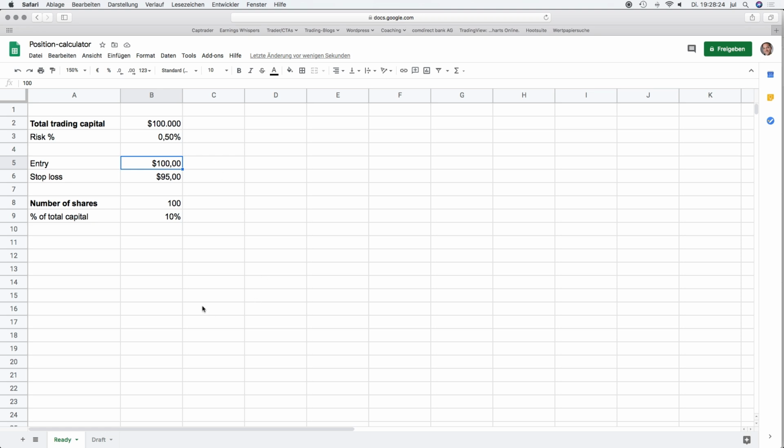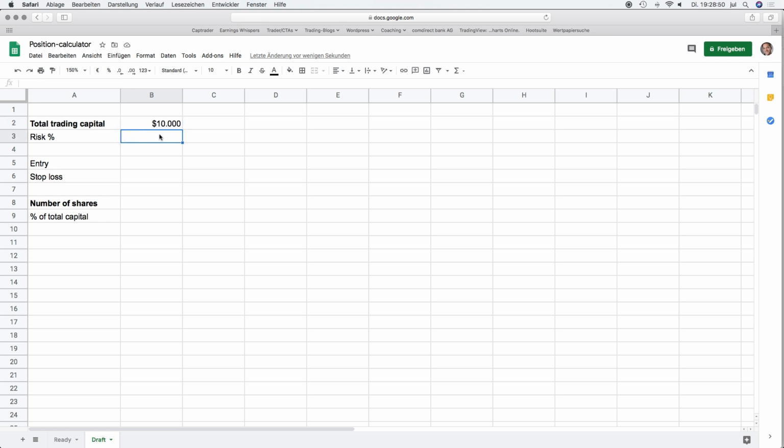So using a spreadsheet is very effective and very easy to do, and I want to show you how you can do that. Of course, total trading capital is a number field and there's no formula behind that. I only styled the field correctly with a US dollar sign here.